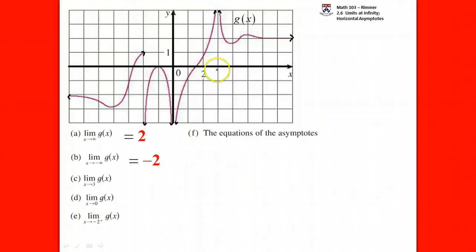X goes to 3. What happens to y? Both sides go to infinity, so the answer is infinity. If one side went to infinity and the other didn't, it does not exist. All right, great. At 0, both sides go down to negative 3. But here we have negative 2 from the right-hand side, negative infinity. All right, great.